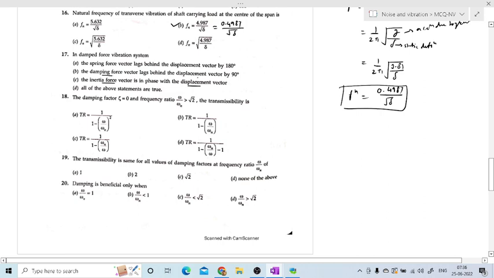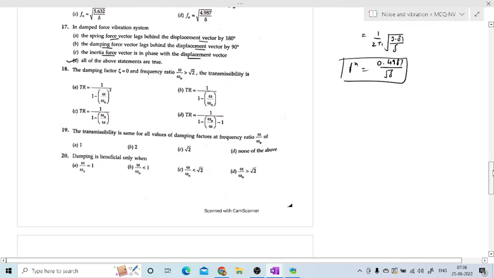Damping force and displacement are at 90. Then spring force and displacement are at 180. So keep these statements in mind. All the statements are true, so the answer is all above statements are true. And if you remember these three statements, then you can answer any question on damped forced vibration.